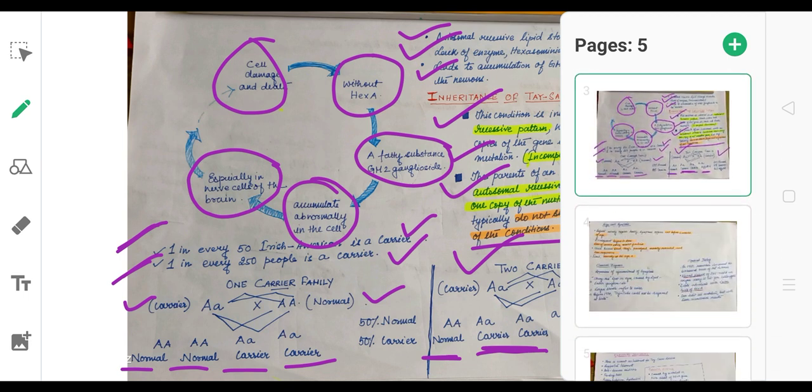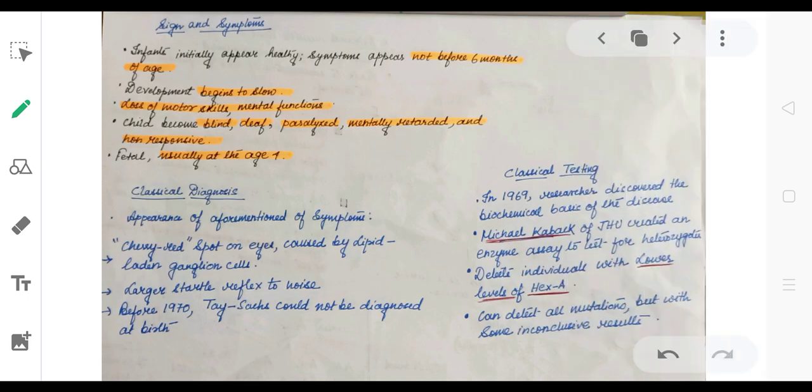Next come the signs and the symptoms. General signs and symptoms: first, infants initially appear healthy. Symptoms appear not before 6 months of age.